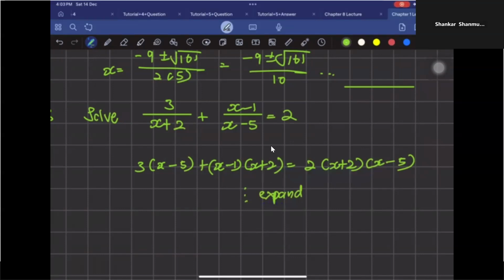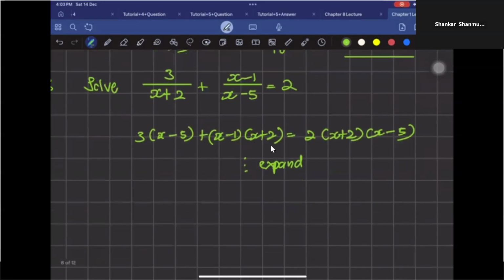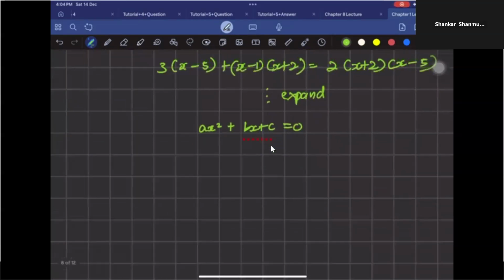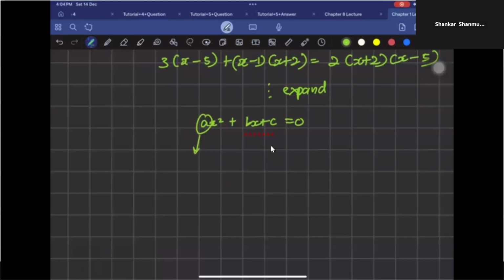So once you expand it, you'll get a quadratic equation in the form of ax squared plus bx plus c equals 0. After this, you can use either formula method or completing the square. Whichever method is easier, you can use that. My advice is if a equals 1, use completing the square.